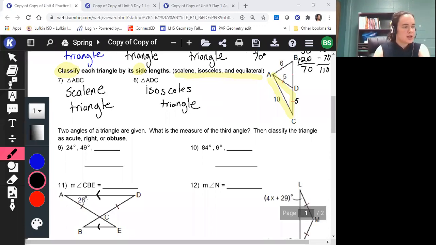Our next set of questions asks, two angles of a triangle are given. What is the measure of the third angle? Then classify the triangle as acute, right, or obtuse. So we need to find the missing angle measure. So we need to add those two angles together, 24 plus 49.